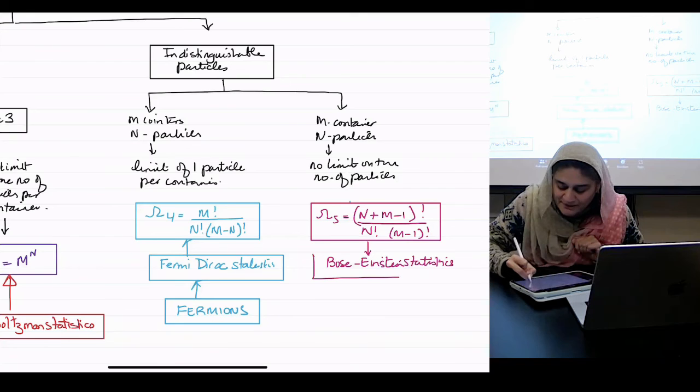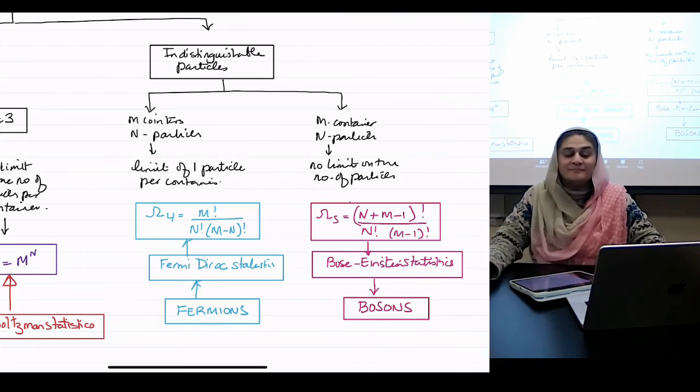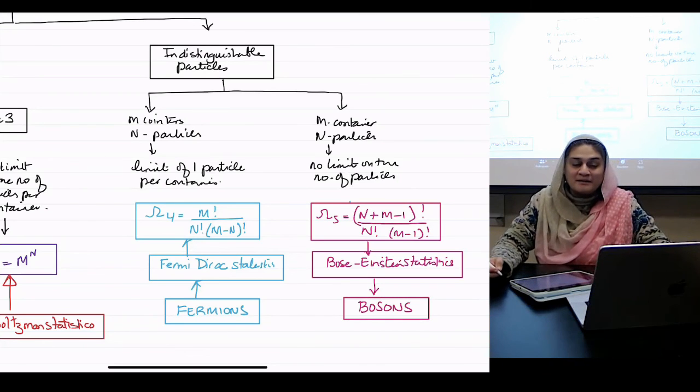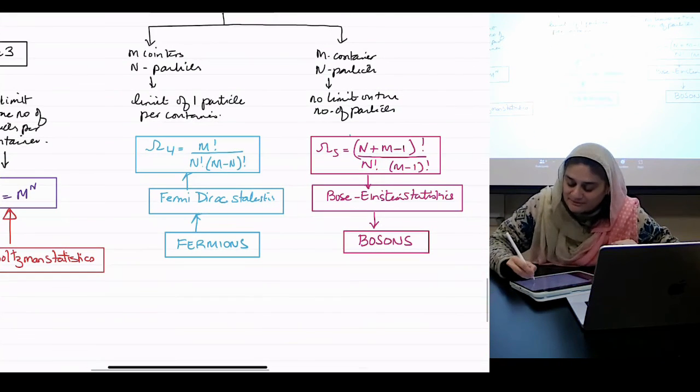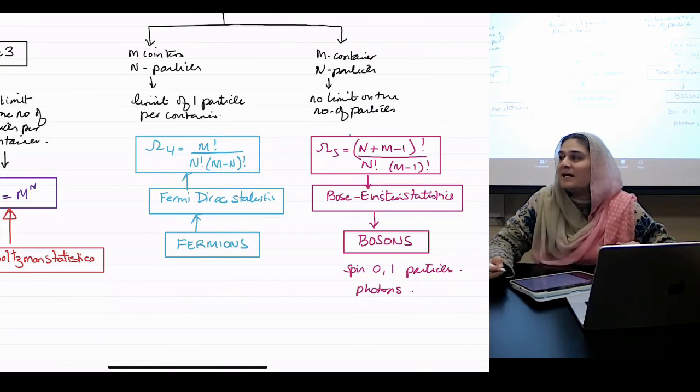And the particles that follow the Bose-Einstein statistics are called bosons. Bosons are spin 1 and spin 0 particles, for example, photons. You know, light.